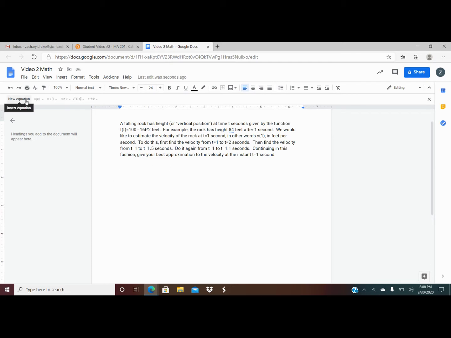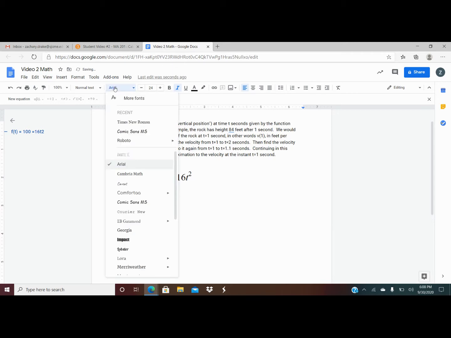So, they give us the function of the rock's position. I'm going to write that as f of t equals 100 minus 16 t squared. And what they want us to find is the velocity v of t.